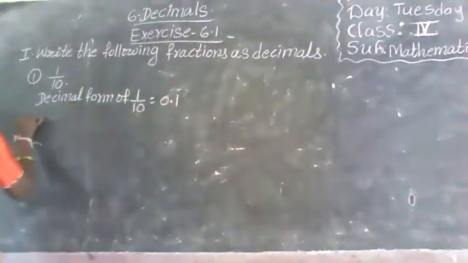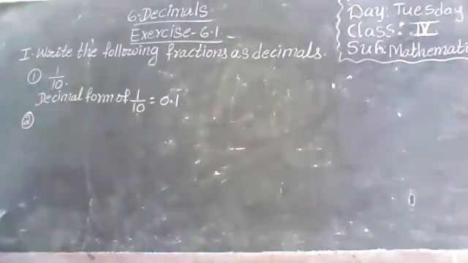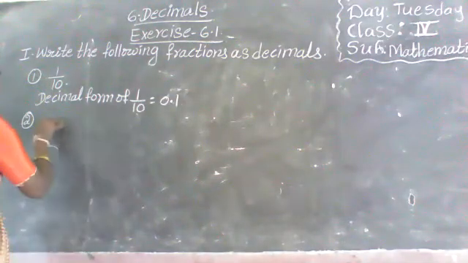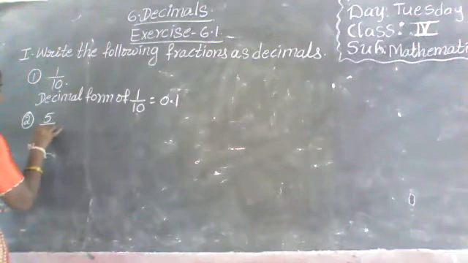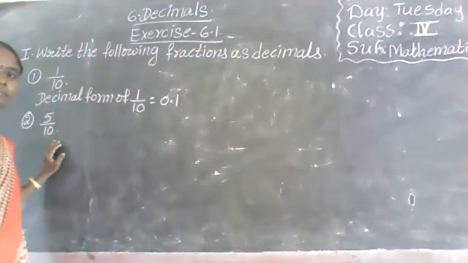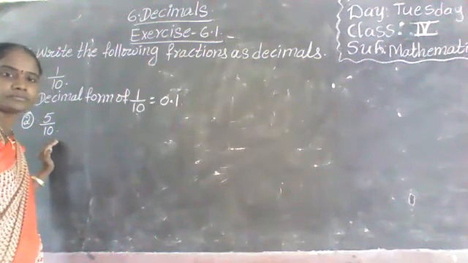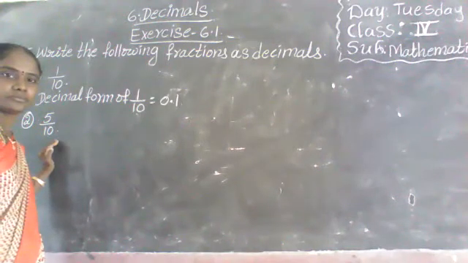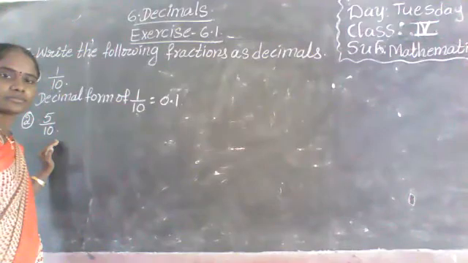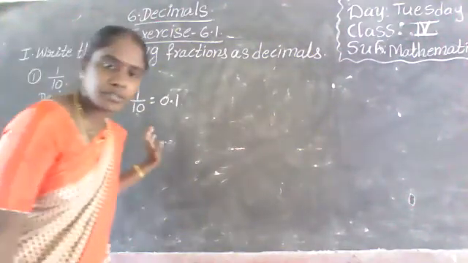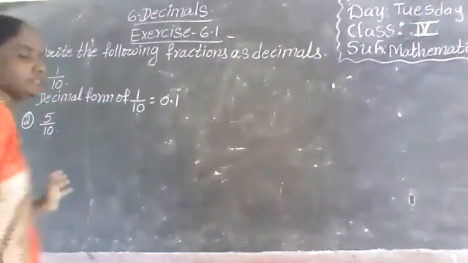Okay, next one, second one. What is the second one? 5/10. Say children, what is the decimal form of 5/10? Yes, very good. 0.5.